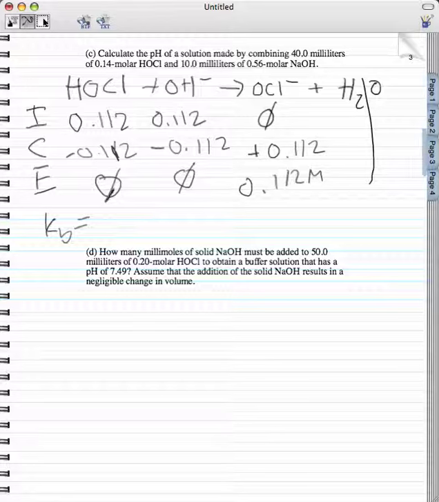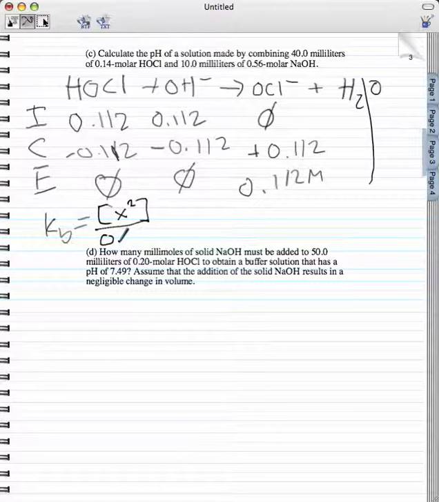And so with that information, we would do ICE for this too, but we can do it pretty quick. The HOCl and the OH minus concentrations are going to be X. So this is going to be X squared over the concentration of OCl minus, which we just calculated to be 0.112 molar.